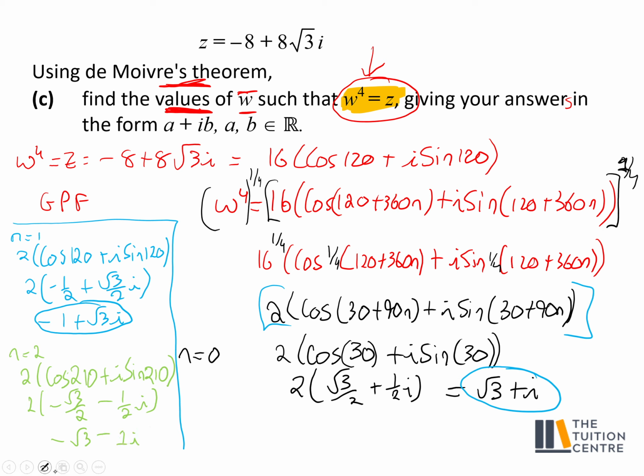And then my last one, I'll have to just steal a bit of space down here. Okay, so I'm going to say, well, n equals 3. When n equals 3, I'm going to get 2 times the cos. Well, what will I have? 3 times 90 is 270, plus the 30 is 300, plus i sine of 300. So in this case, you're back where cos is positive.